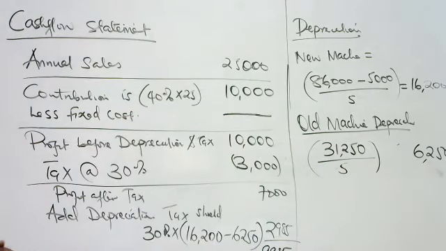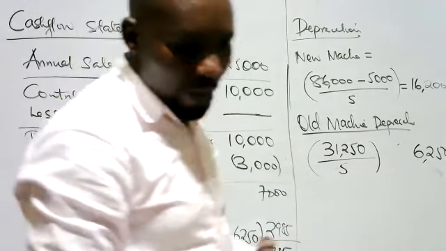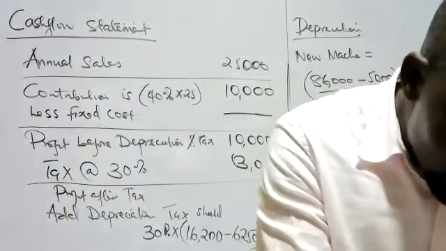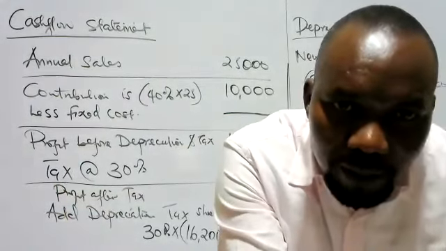So that is the total that you're having annually. That is now the total that you're going to have annually.